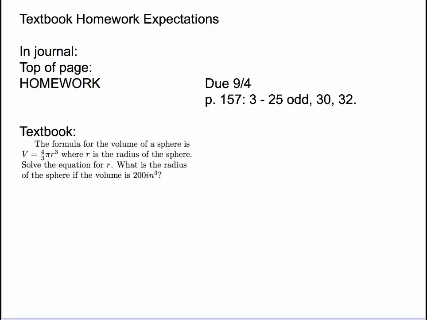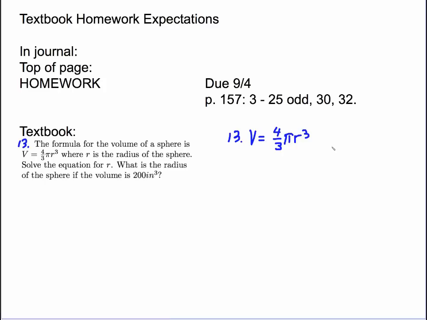Now let's say that the problem is a word problem. For word problems, you don't need to do all of the writing. You don't need to capture all the words. But let's see what the important information is. So one important piece of information is the formula for the volume of a sphere. So let's say that this is problem number 13. We would write problem number 13, V = 4/3 πr³.